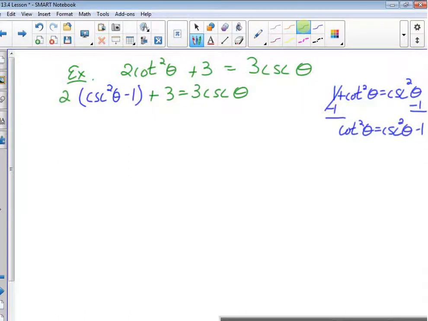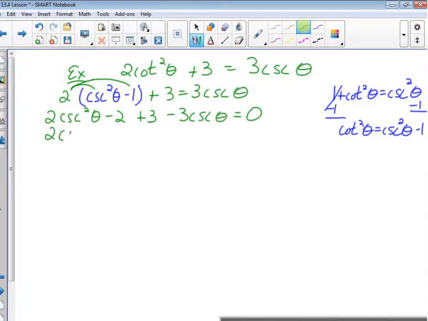So it's not going to do me any good to replace cotan squared with cosine over sine and then cosecant with 1 over sine, because that would give us an x and a y. We don't want different variables. We want the same variables. So now, with this one, if we distribute, we get 2 cosecant squared theta minus 2 plus 3, and I'm going to subtract the 3 cosecant theta, so we set that equal to 0.